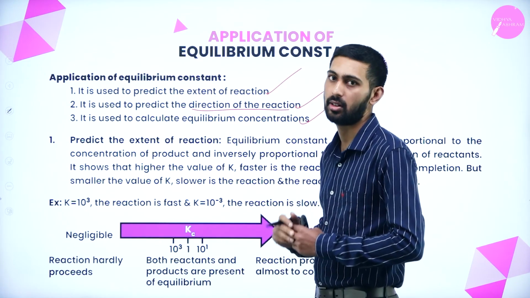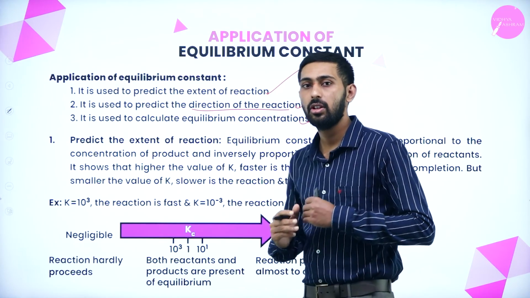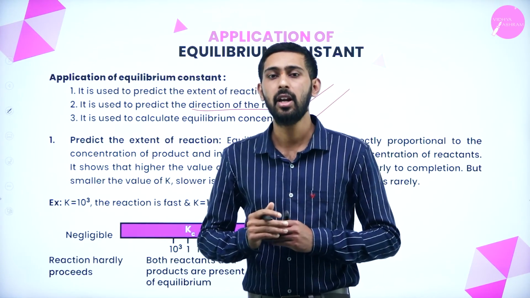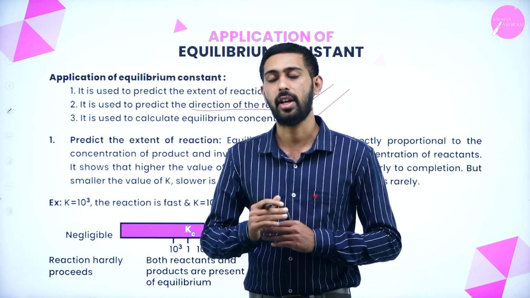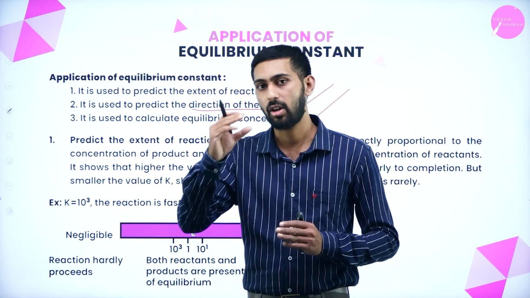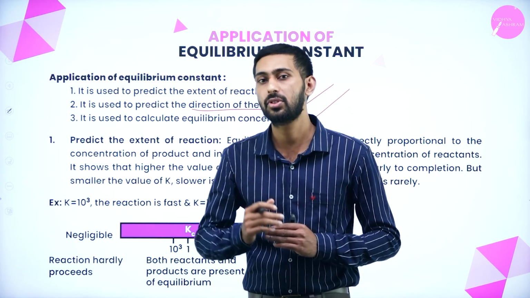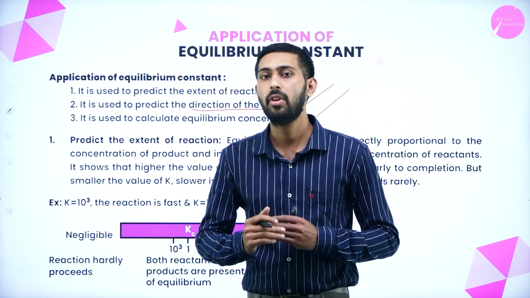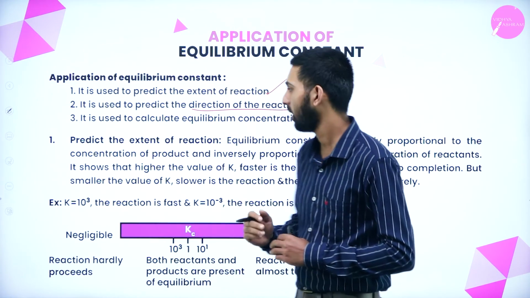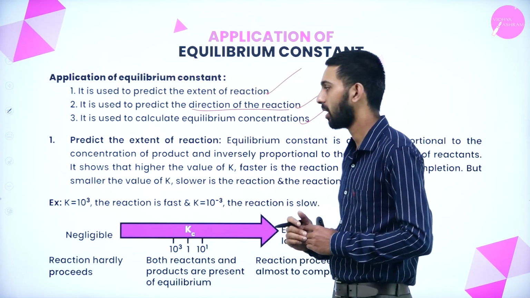If you are doing chemical reactions, you should know at what time it proceeds, when you will get an intermediate, and at what concentration we have to proceed with the reaction. These are all things we have to note down when we are doing reactions. Now let us see how we will predict the extent of the reaction.